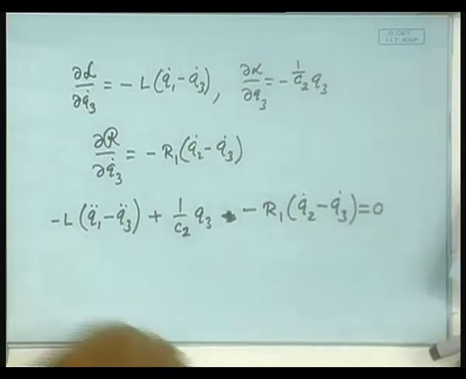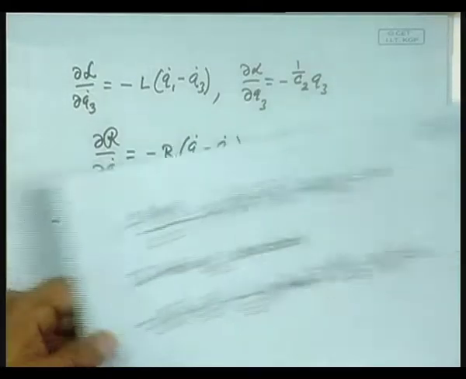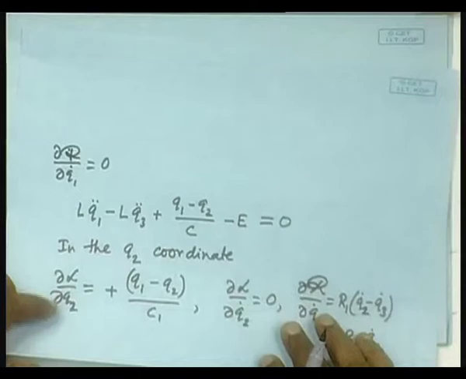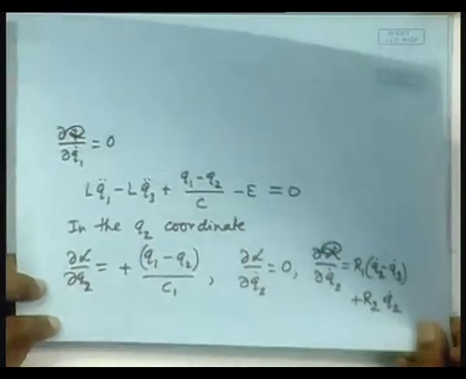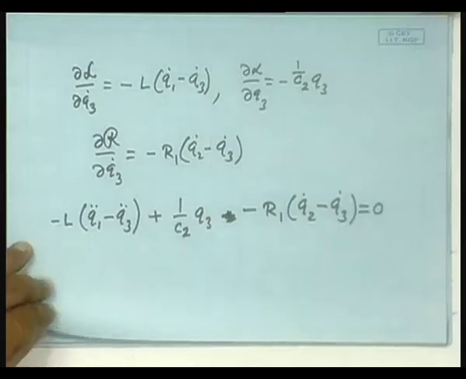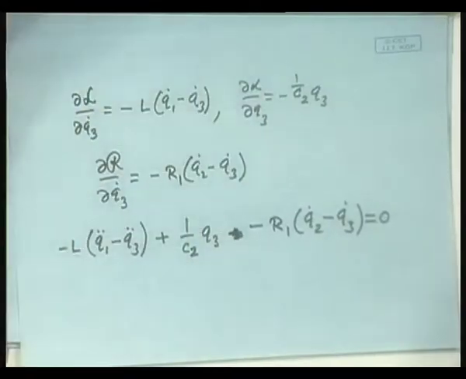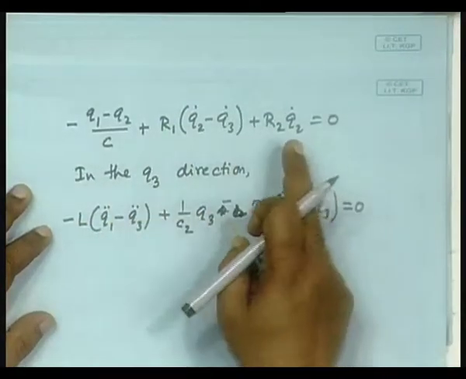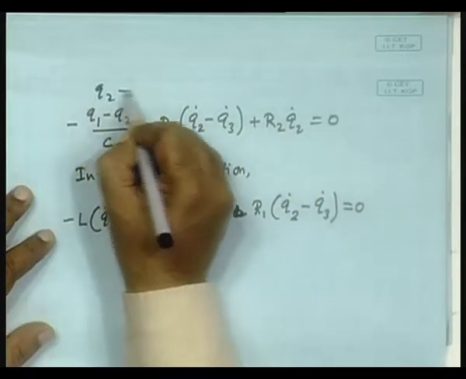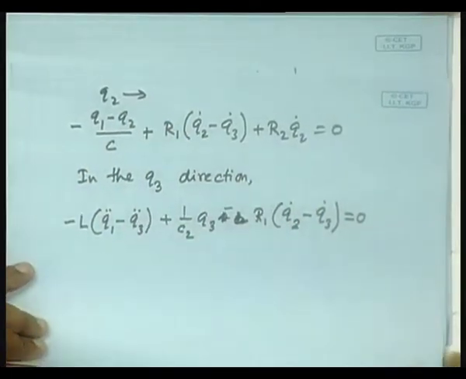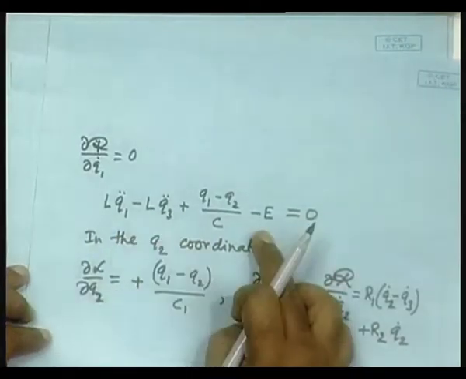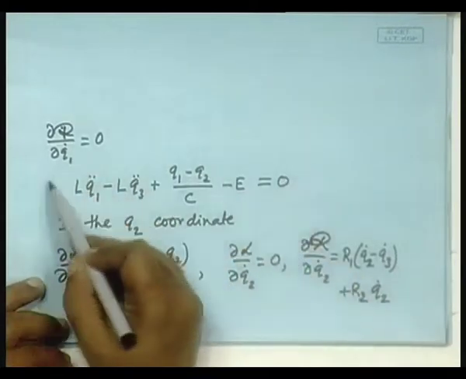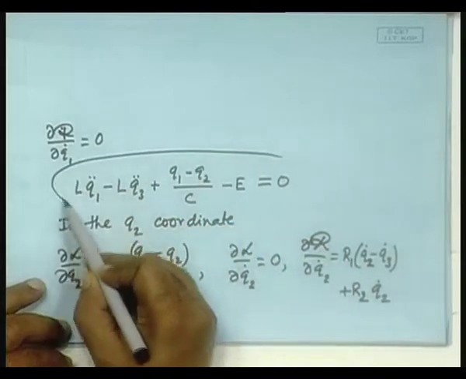So, you have the three equations. This is the q2 equation, this is the q3 equation, and the q1 equation was here, right. Now, notice one thing, what is this equation actually? Notice carefully, what does it say?